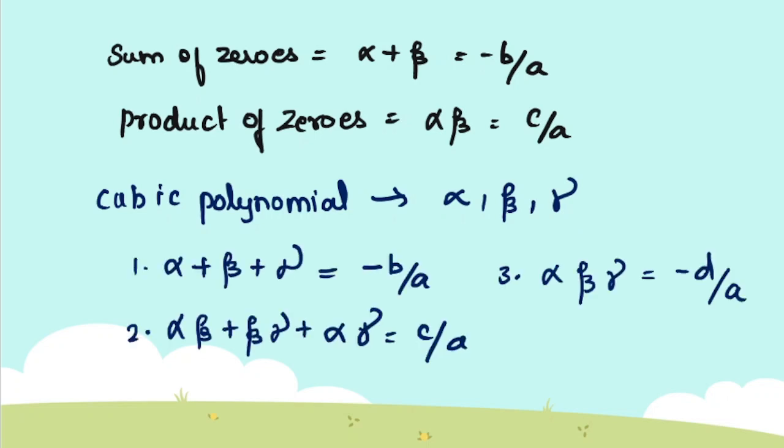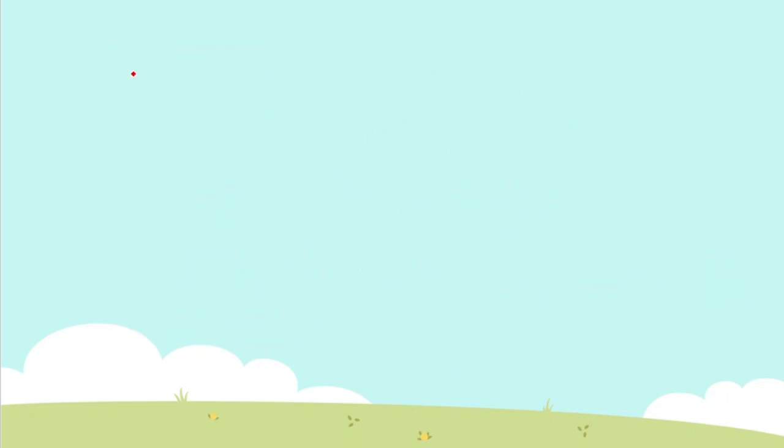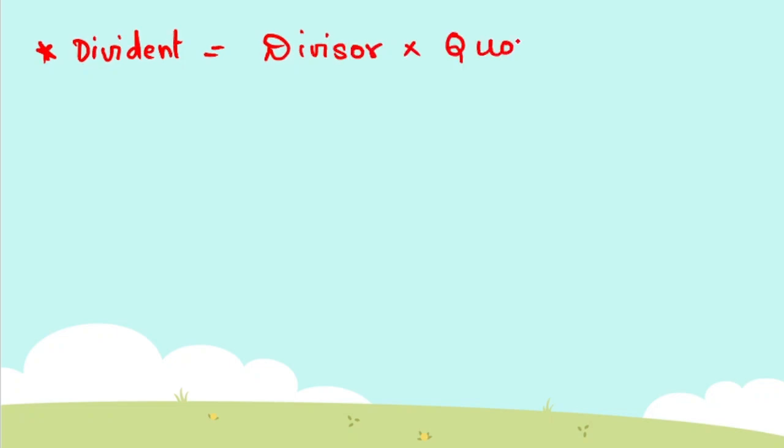Right? Then we have the final formula. Usually we say dividend is equal to divisor into quotient plus remainder.